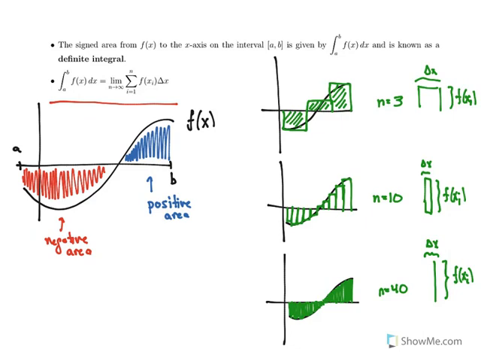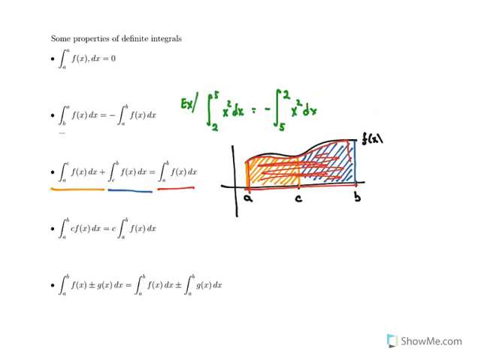And since I can bring a constant in front of a limit, I am able to bring a constant in front of the integrals for the exact same reason there. We could draw some pictures to convince ourselves of that as well, but we're just going to leave it right there. And that's something that we're going to do a lot of, bring constants in front of integrals. And we'll see an example of that later in this talk.